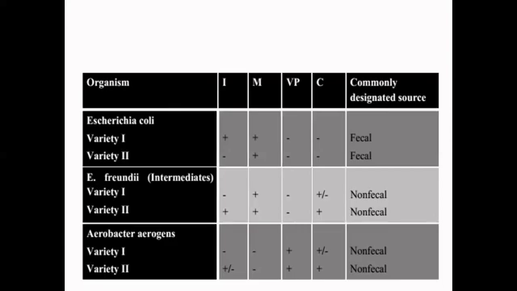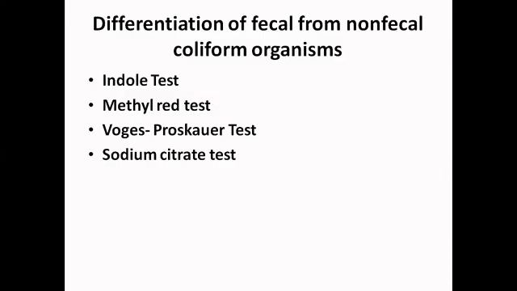Then the next test is the methyl red test. The principle is that this test is performed to detect the ability of coliform bacteria to ferment glucose with the production of organic acids by the mixed acid fermentation pathway.